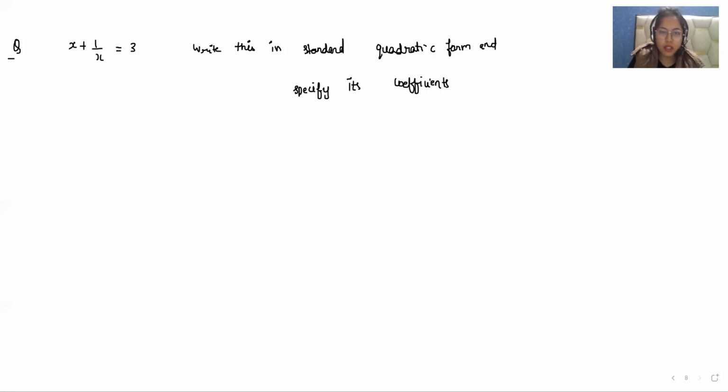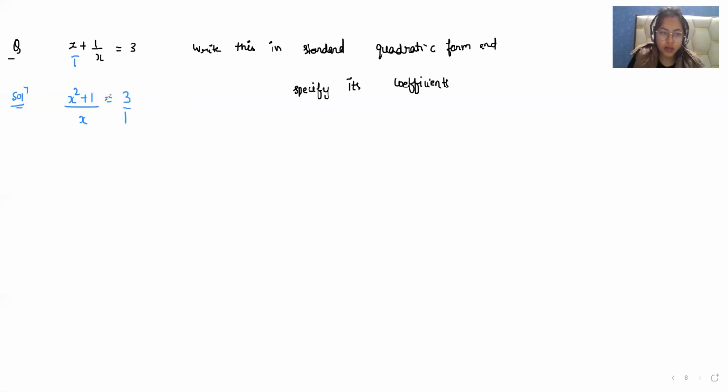So how can we solve this? We'll take the LCM, by taking 1 in the denominator here. So the LCM is x. So we multiply x with x, and it is x square plus 1 equals 3.